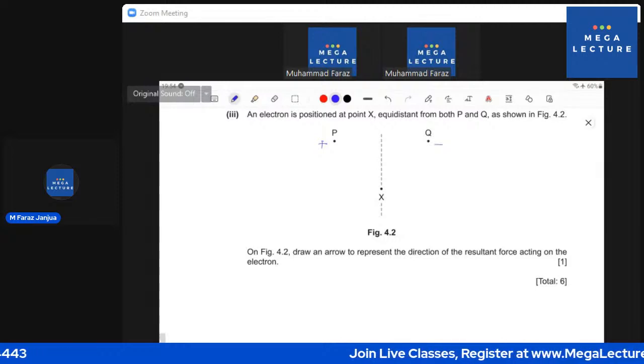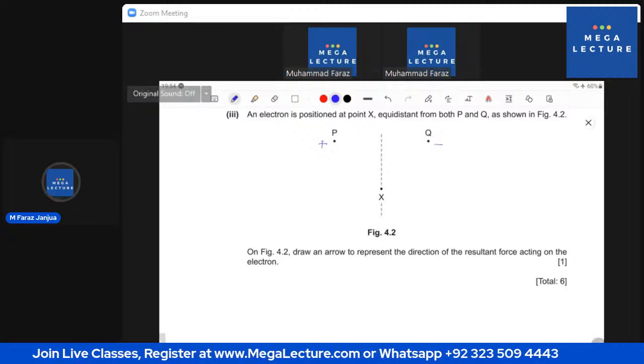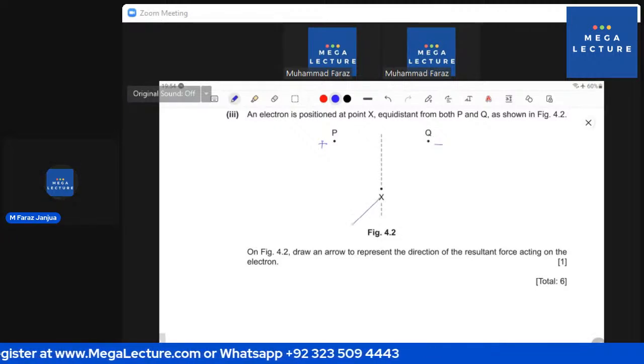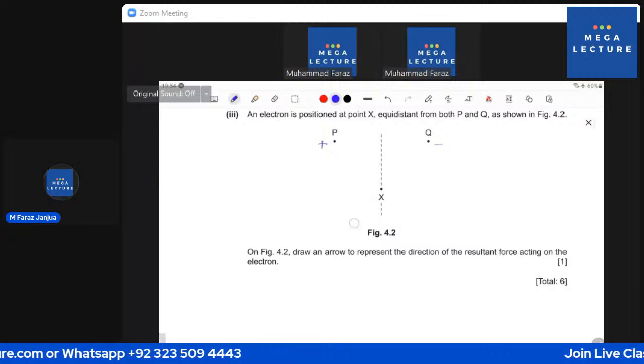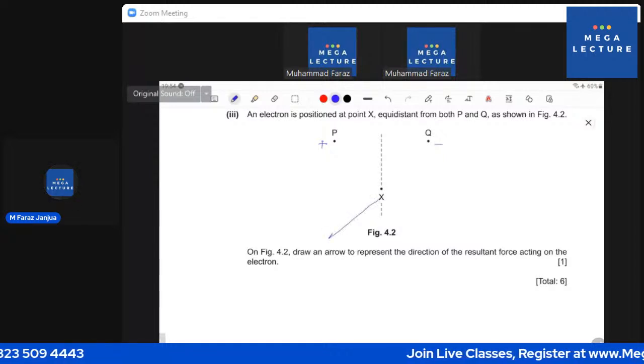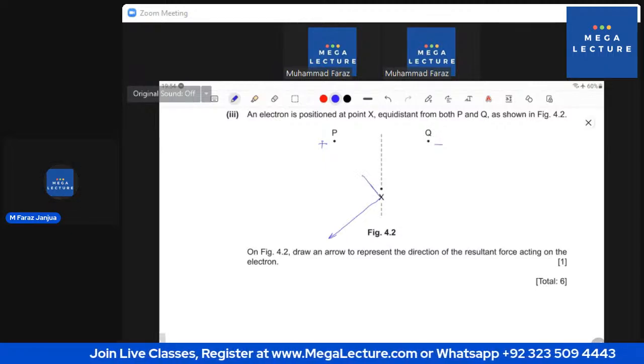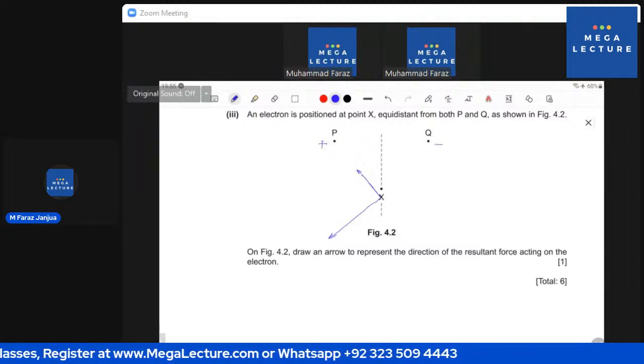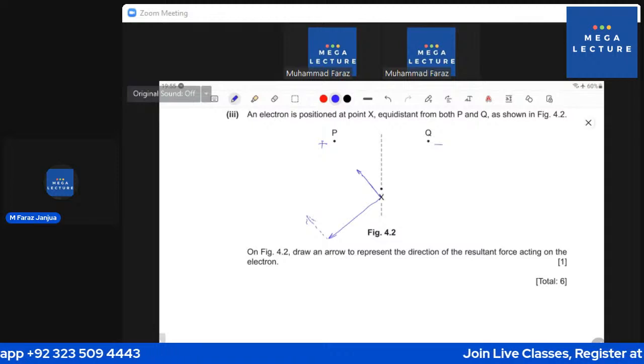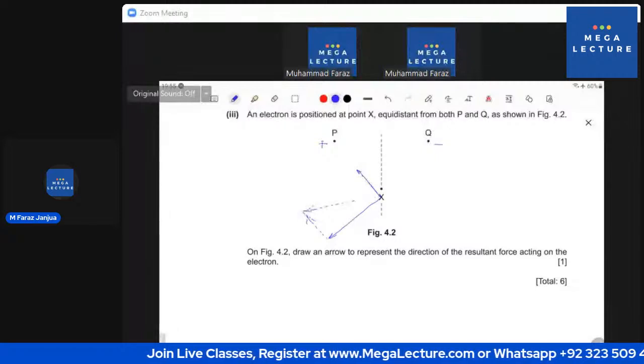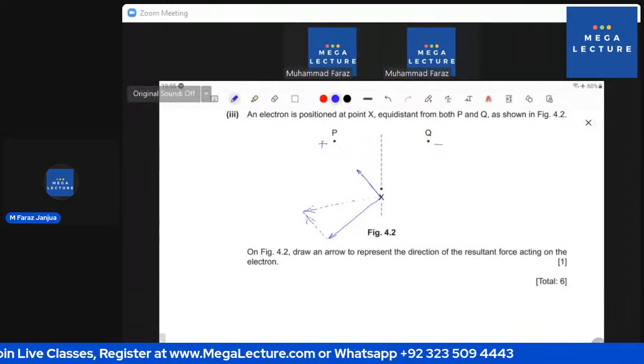The electron will be repelled by this one, slightly downward because of the larger charge, and the electron will be attracted towards the positive. So complete the parallelogram. This is how we draw the resultant. That's it for today.